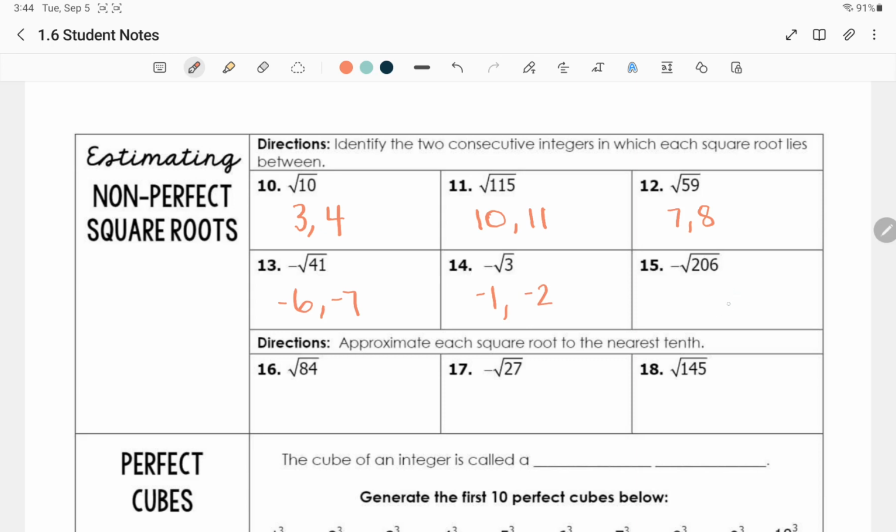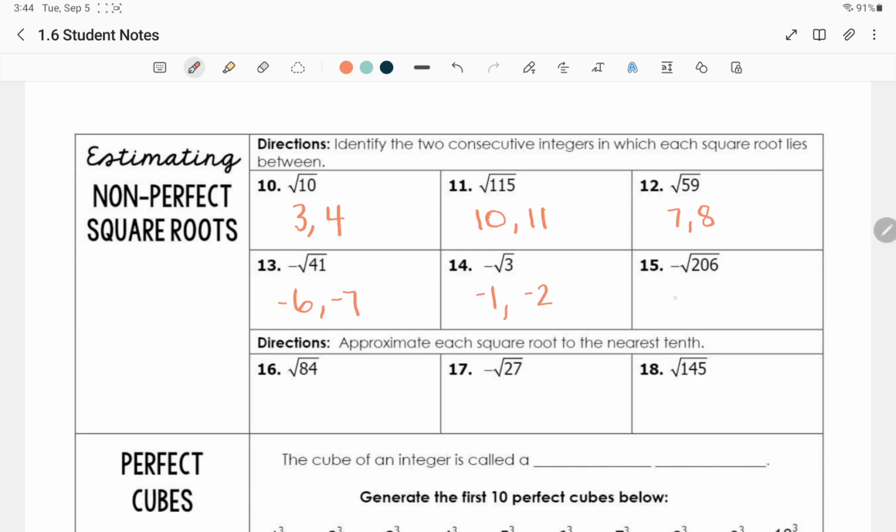And 206, we know that 12 times 12 is 144. So 13 times 13 would be, I'm working on my calculator, 169.